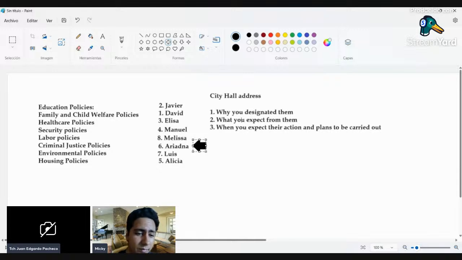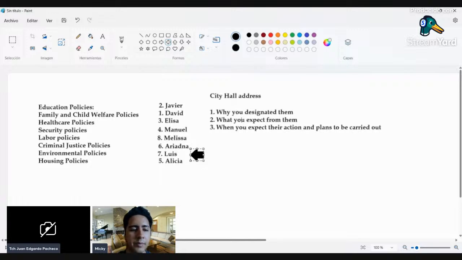Luis is in charge of environmental policies. He has been a great friend of mine, a person who I really trust, and he has always been a person who really cares about our society, our city. So that's why he's in charge of this important field.